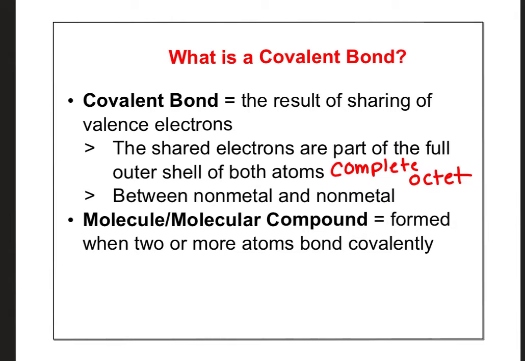The types of elements that are going to form covalent bonds are nonmetals with other nonmetals. And just a friendly reminder, the word molecule or molecular compound refers to two or more atoms that are bonded covalently. So really when I say is it covalent or molecular, I'm saying the same exact thing. So a molecular compound is covalent.